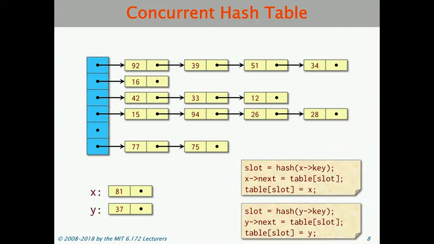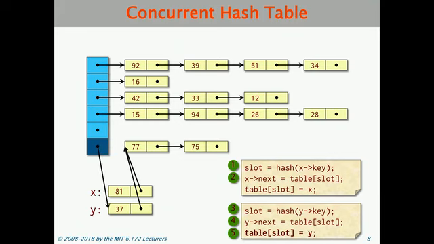So here we have two threads, one inserting x and one inserting y. And x goes, it does its thing, it hashes to there, and it then sets the next pointer to add itself into the list. And then there's this other thing going on in parallel, which effectively says, oh, I'm going to hash, oh, we're going to the same slot. It doesn't know that somebody's already there. And so then it decides it's going to put itself in as the first element of the list.